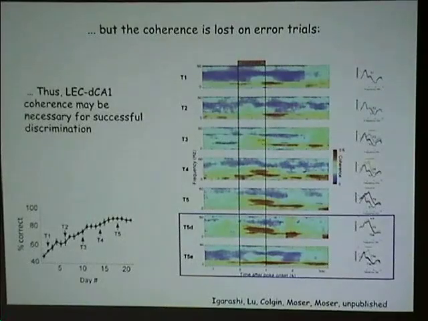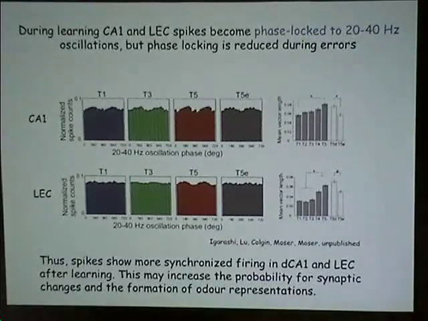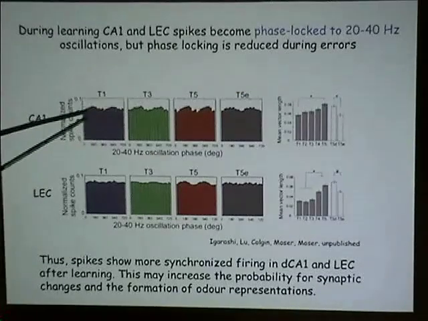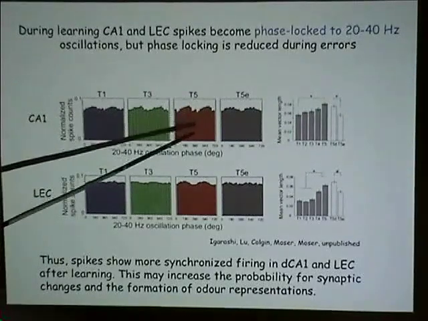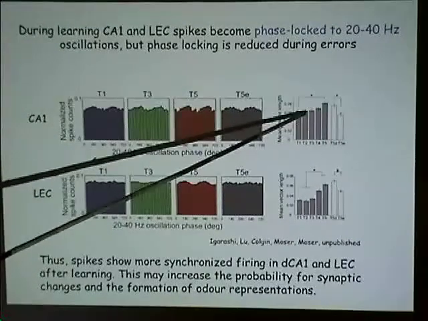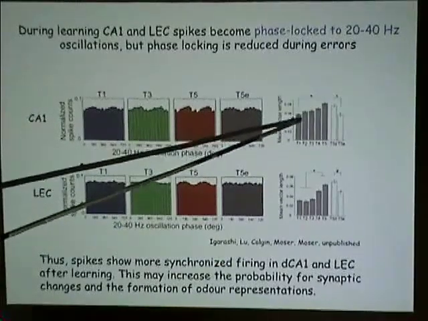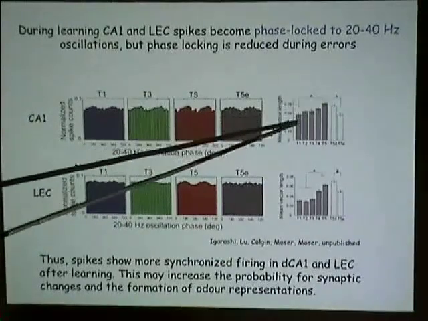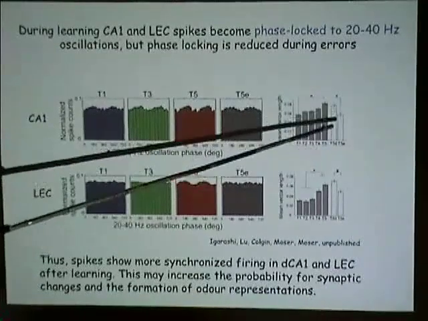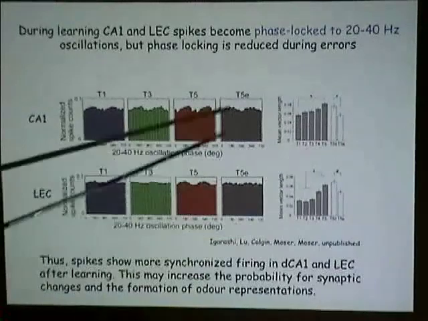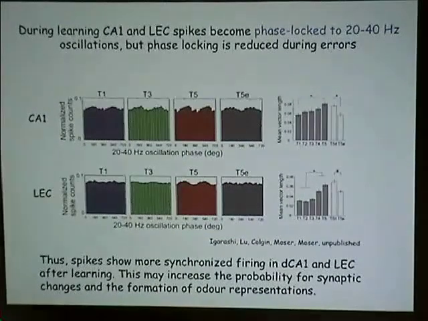Also, you could say that this is volume conducted, but you do see a slight, significant increase in the phase locking of the cells. It's very noisy, I admit that, but you can see that the distribution of the phase preference of the cells increases with learning and then drops again on error trials, both in CA1 and in LEC.